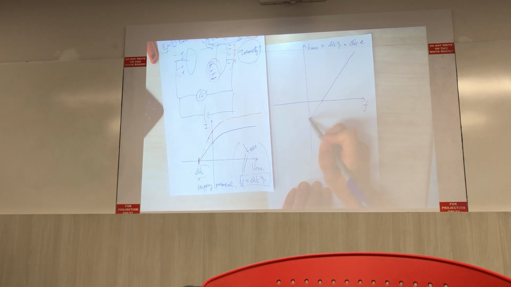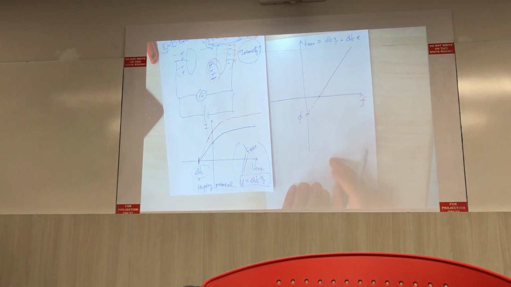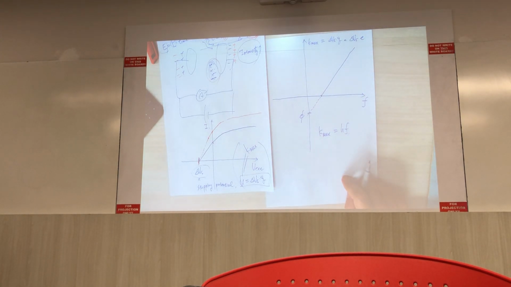So we have this intersection point, and I will call it phi. I will introduce this later. Because there is a linear relationship between Kmax and the frequency, I can write one equation, where the slope is h. This makes sense because this is a linear relation, and we have this Planck constant.